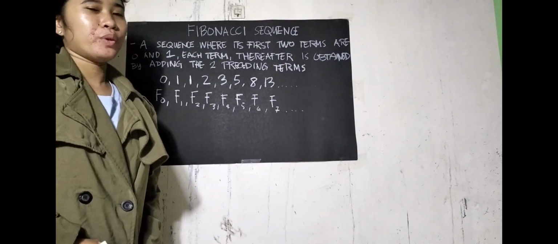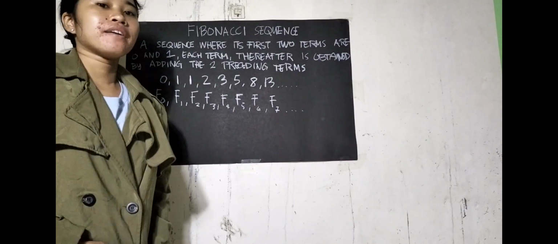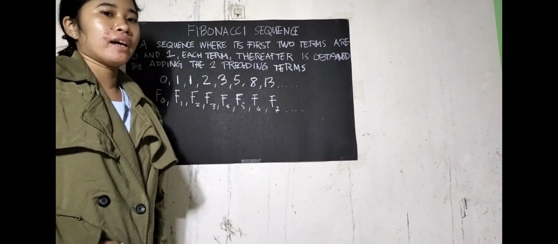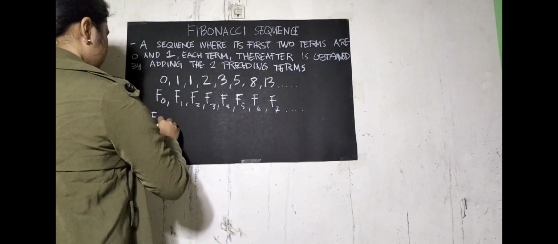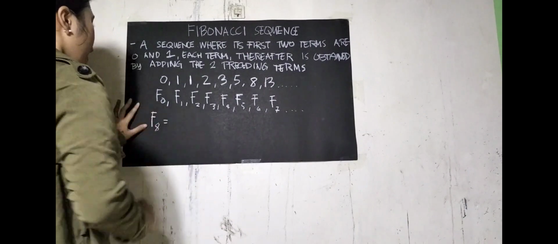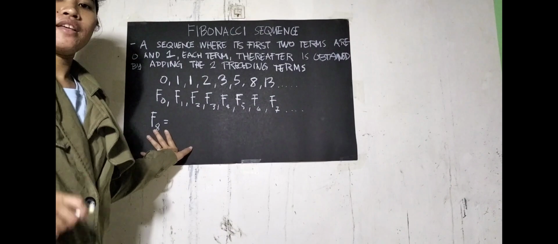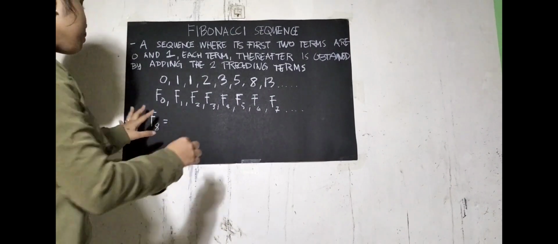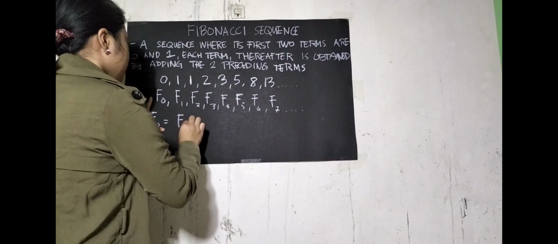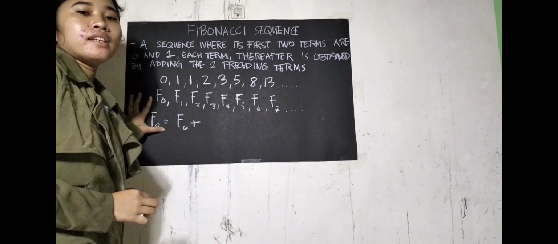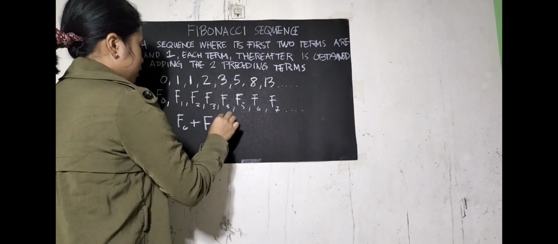So what if we are going to find the ninth term? The ninth term is denoted by f sub 8. How can we find the ninth term or the f sub 8? This is by simply adding f sub 6 plus f sub 7.